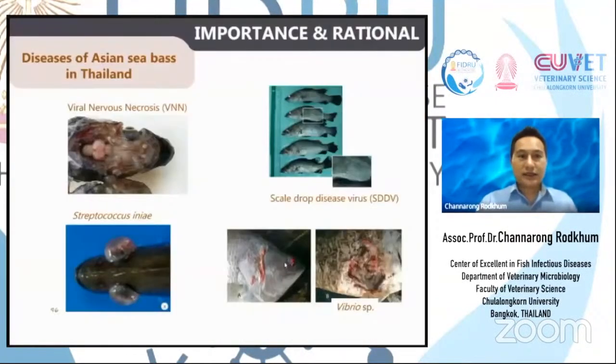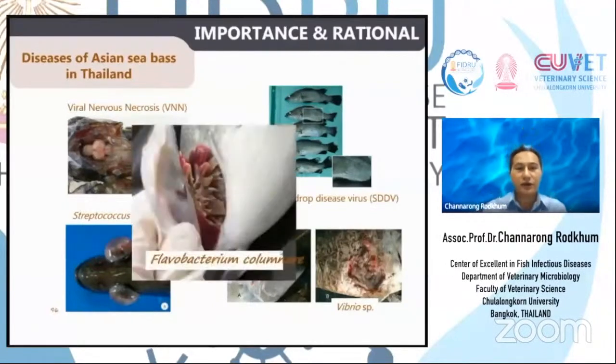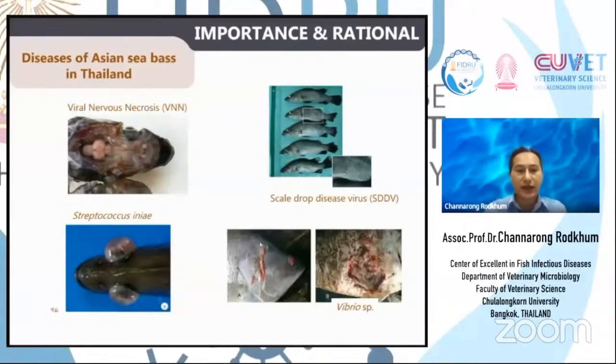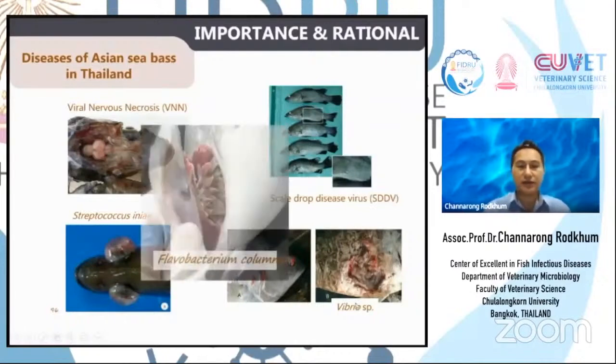For the diseases of Asian sea bass cultured in Thailand, actually we found many diseases, as I gave you in the introduction part. The major infectious diseases that we found are viral nervous necrosis or VNN, streptococcus infection such as Streptococcus iniae, scale drop disease virus or SDDV, and Vibrio species.